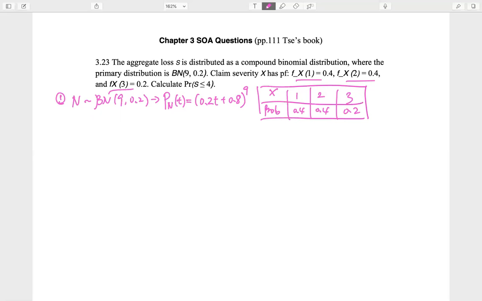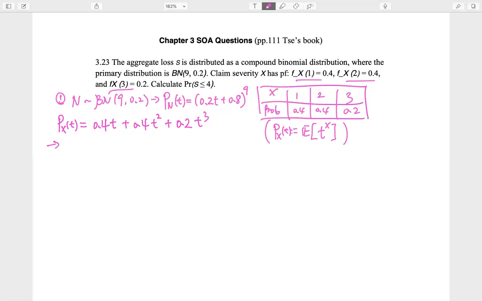And for the given distribution of X, we can easily compute the probability generating function: 0.4t + 0.4t squared + 0.2t cubed. That is because for any random variable X, the PGF is the expectation of t to the X. That is the definition, which is why I can directly write down the PGF of X.